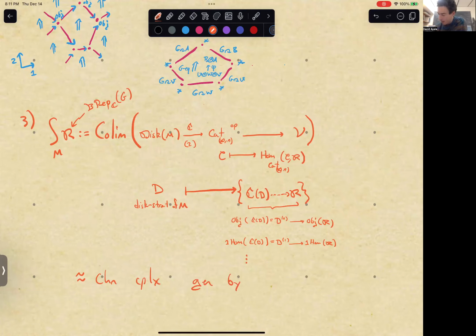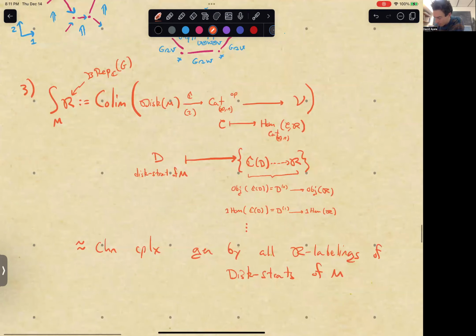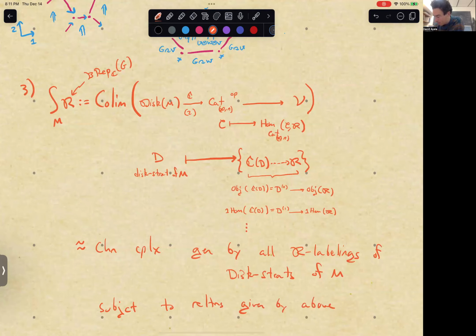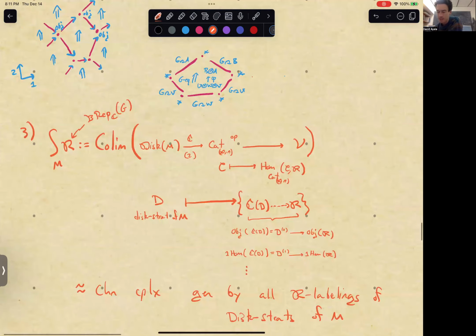It's generated by all labelings of disk stratifications of M, and then subject to relations given by the above morphisms or moves that we just talked about up here, those three types.